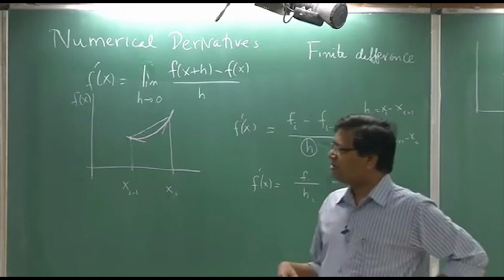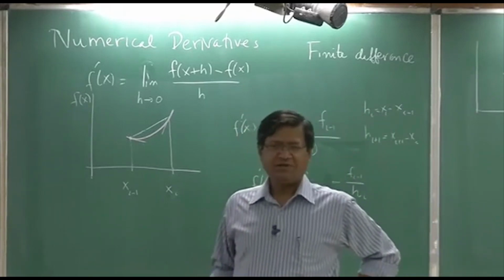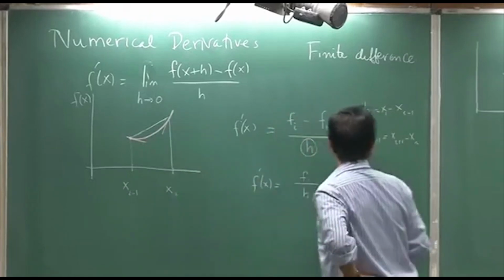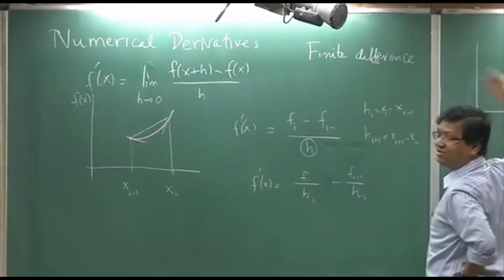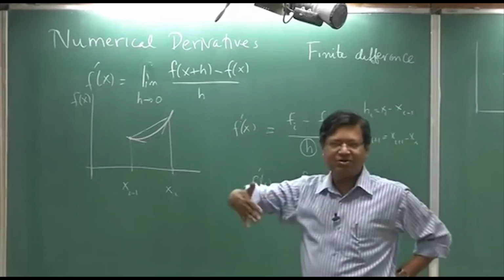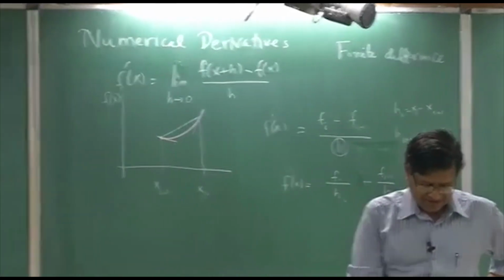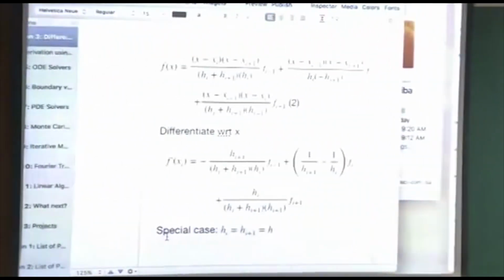Now I want to do better. This formula, as I said, is good for a linear function, but I want to work out a function like this, or even higher order polynomials. Then I can look at a higher order Legendre polynomial. So I have 3 points.